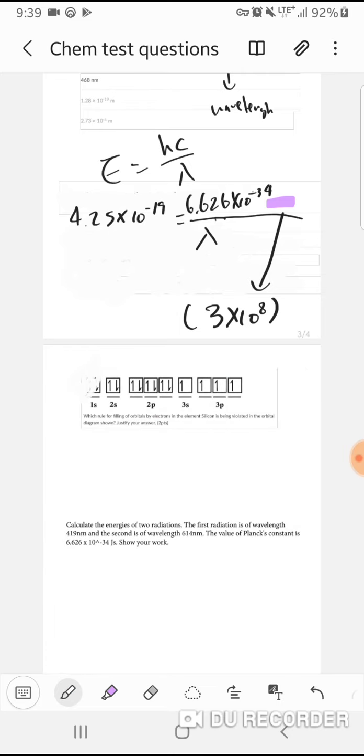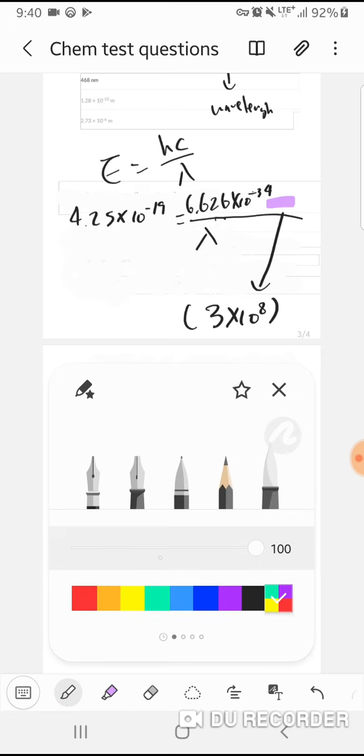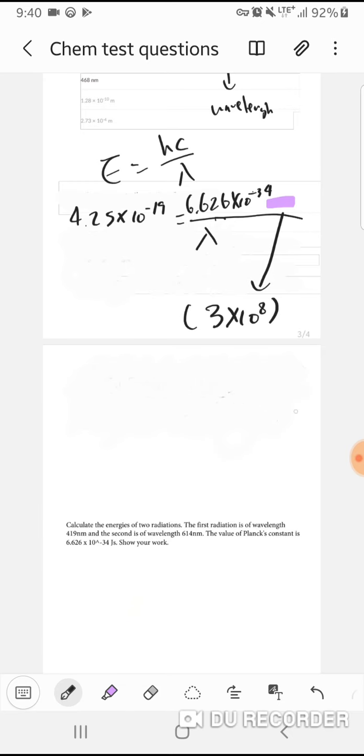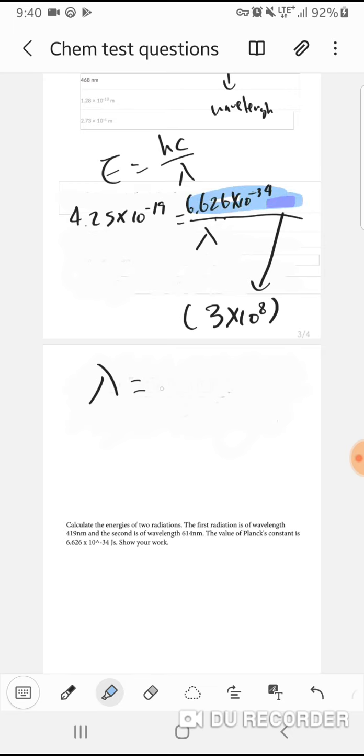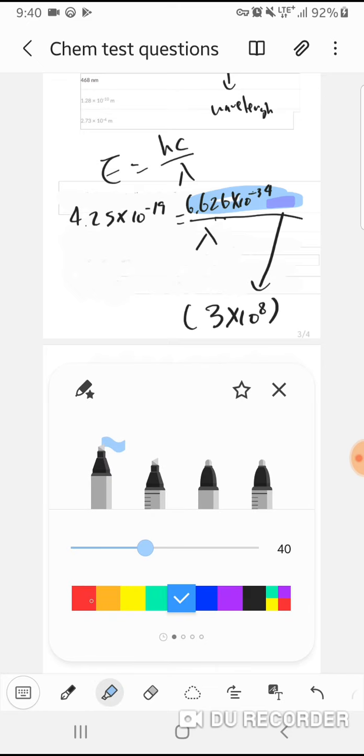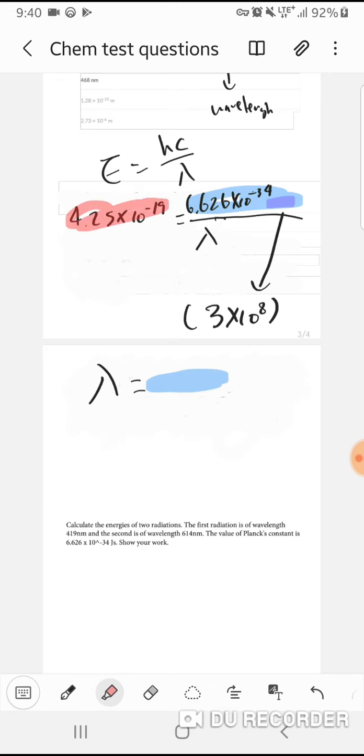So that would mean that we have to get lambda. Okay, so lambda equals this divided by that.